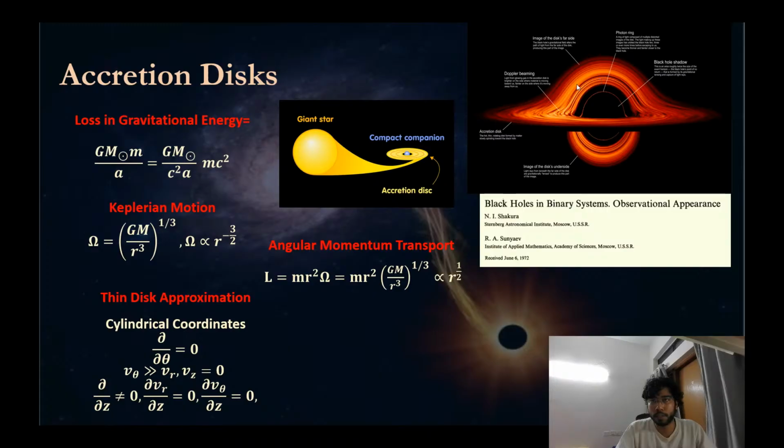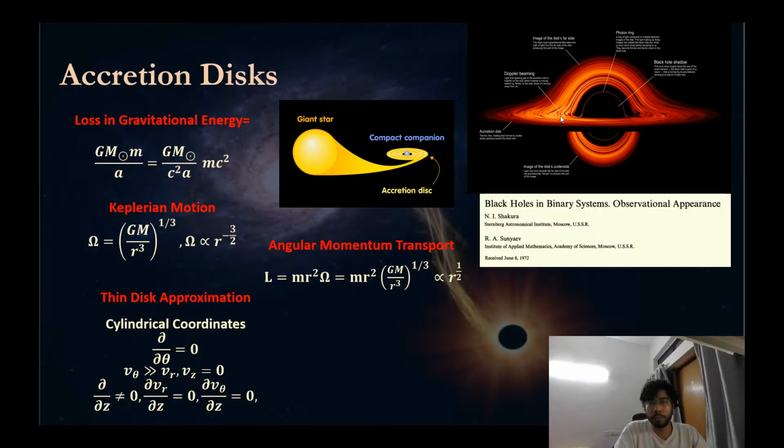Which mostly looks like this thing, right? Maybe you're familiar with what was shown in the movie Interstellar. Those are actually what people generally see as disks. Now, when I say disk, it will have some angular momentum, right? It won't be radial.